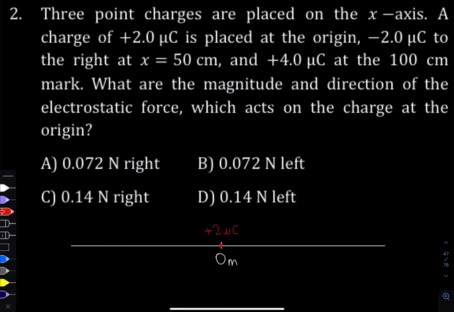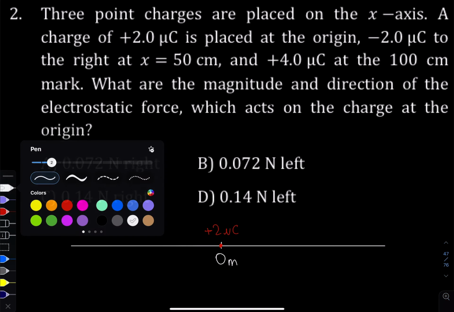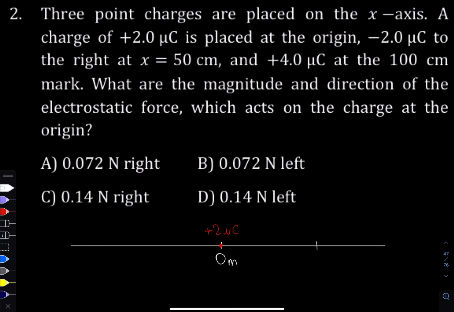Then we have a negative 2 microcoulomb to the right. And this is 50 centimeters to the right, and 50 centimeters is a half a meter. And this is negative. And we have a positive 4 microcoulombs at the 100 centimeter mark.